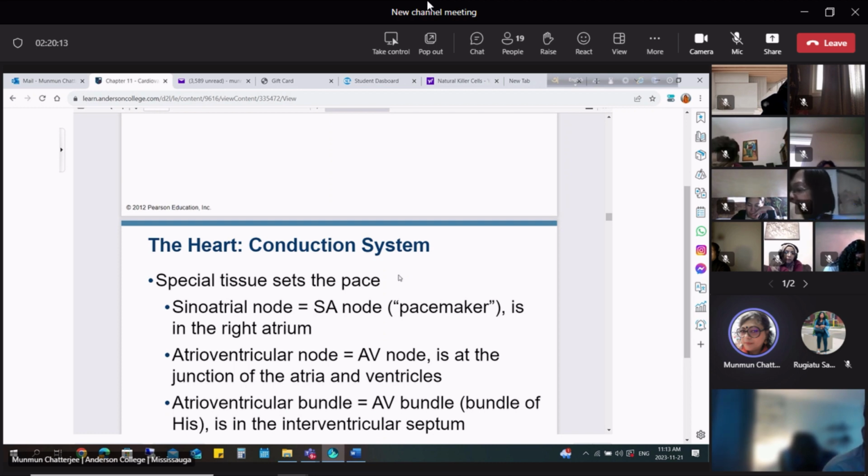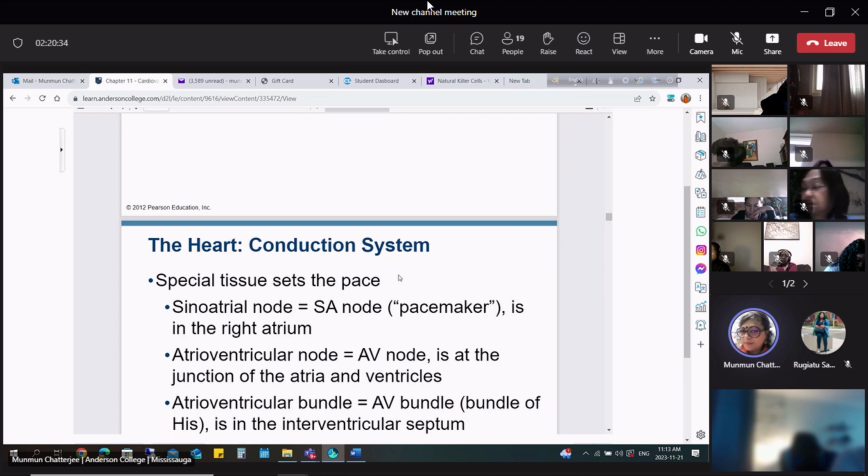Then the atrioventricular node, called the AV node, sits at the junction of the atria and ventricles. The third one is the atrioventricular bundle, also called the AV bundle or bundle of His. The electrical charge passes one by one through this.